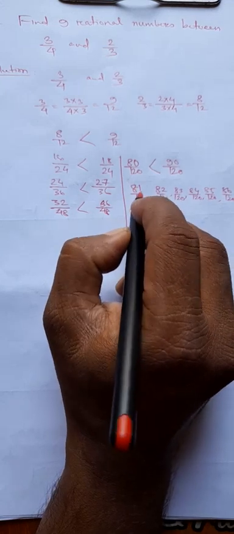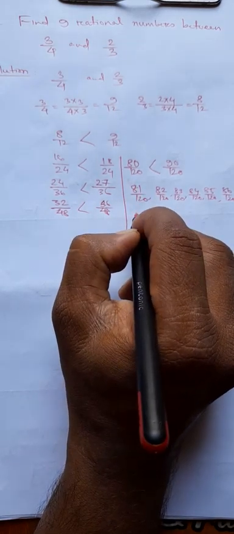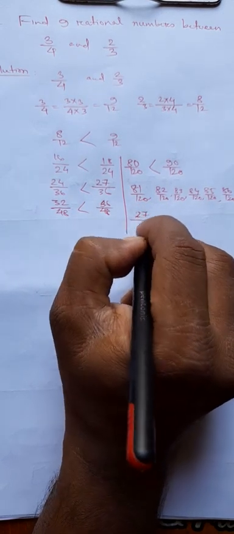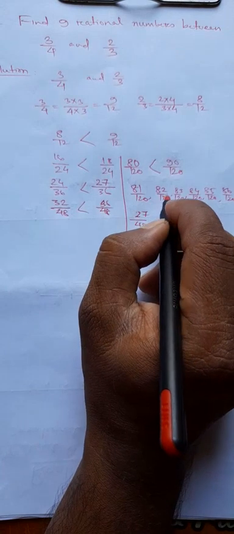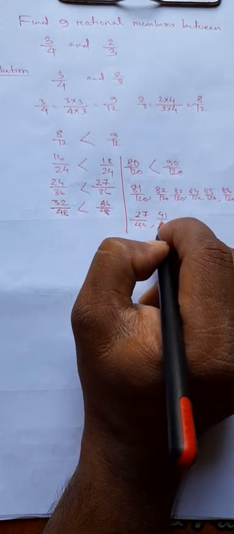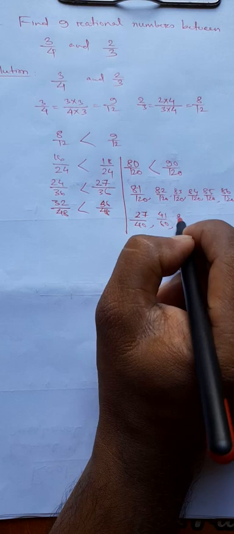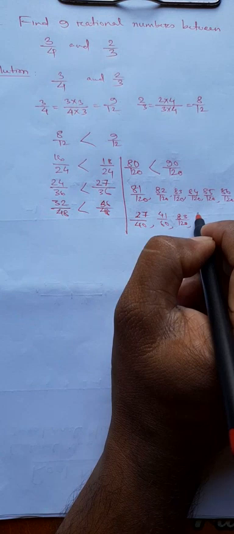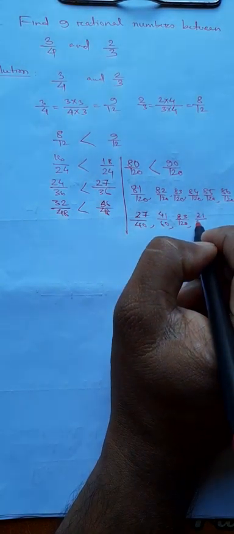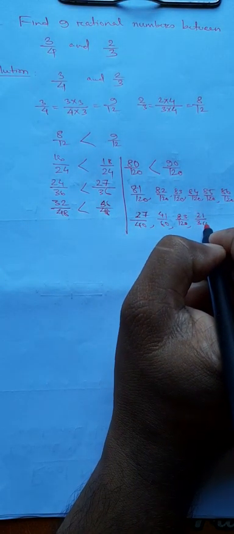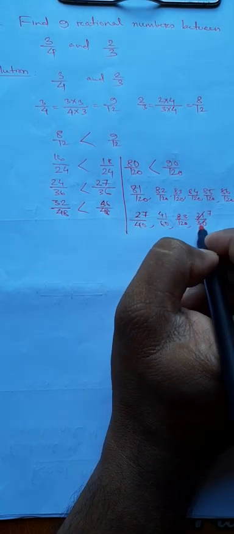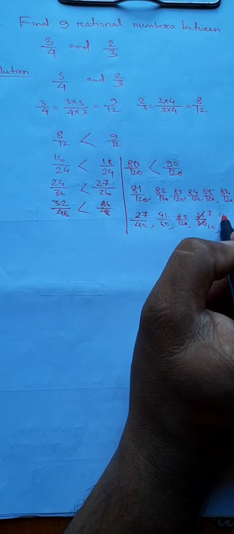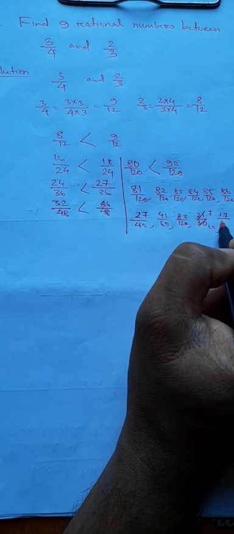Now these two are divisible by 3. 3 into 27, divided by 40. This is divisible by 2, 41 by 60. 83 is a prime number, so this will remain the same. This is divisible by 4, 7 by 10. This is divisible by 5, 5 17s are 85, 17 by 24.